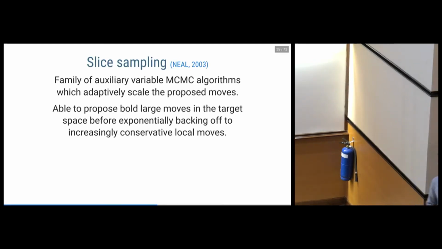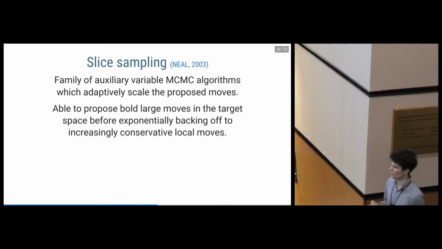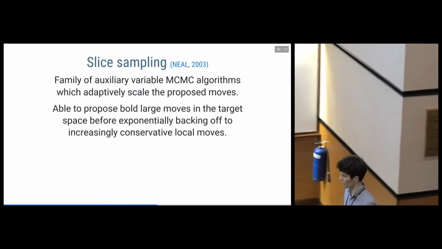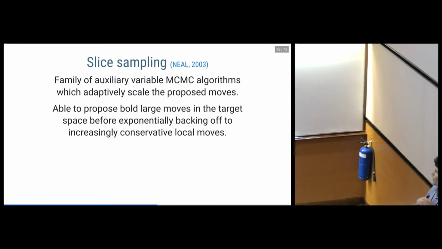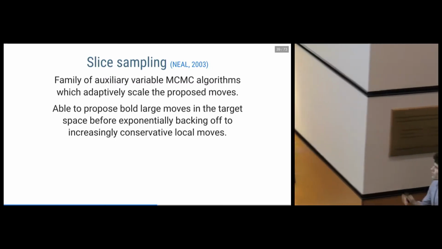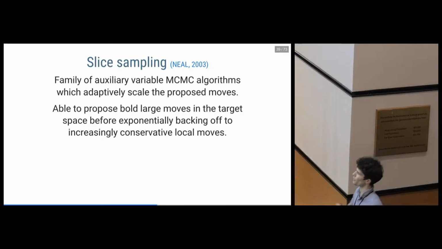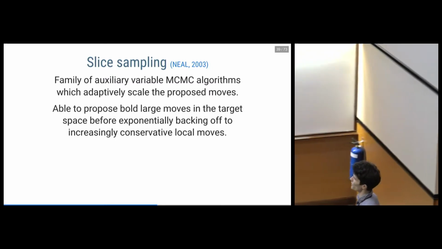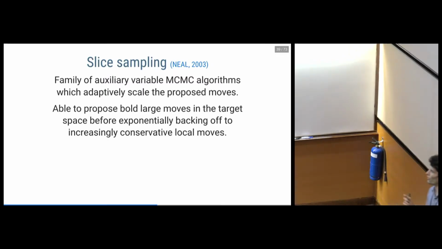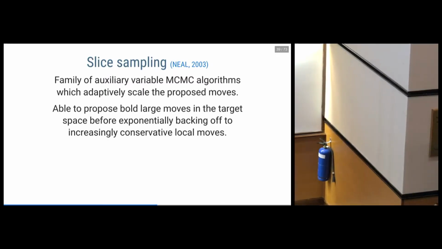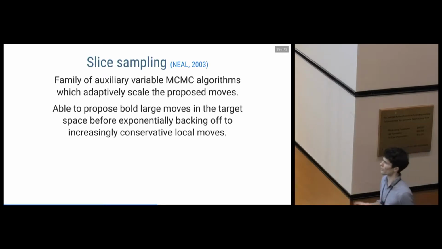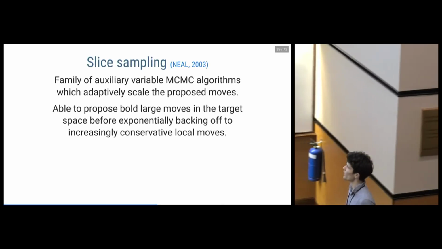If we make some very minimal assumptions on the smoothness of the target distribution, so that we don't have point-wise singularities, this should always lead to some potentially very small but non-zero move that is accepted. So there's this idea that slice samplers are often rejection-free methods.